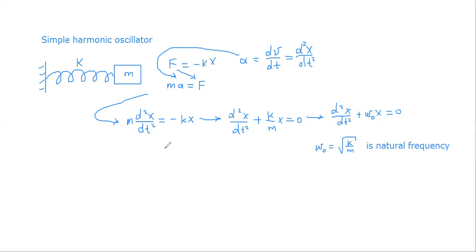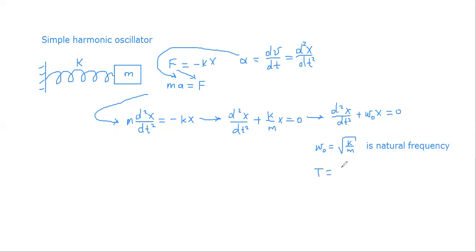And what about the period? We still don't know that this is a period, but we will prove this in our next lesson. We will prove that this is frequency and period.